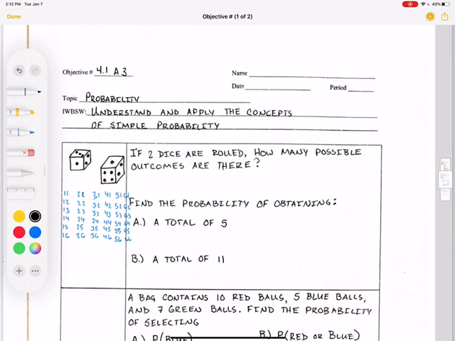Okay, there's all 36 options. Because there are 2 dice, each dice has 6 options, so 6 options for the first dice, 6 options for the second. The total number would be obtained from multiplying them, so that's 36 outcomes.